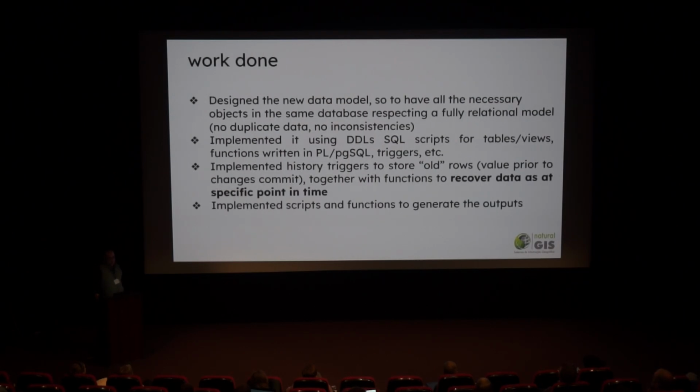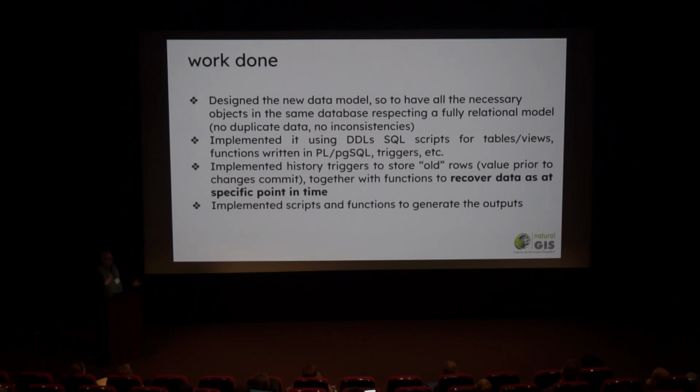So what have we done? We designed the new data model so that everything was in a real relational data model. We implemented everything using SQL code, basically, to create tables, views, functions, triggers, and everything that is needed.